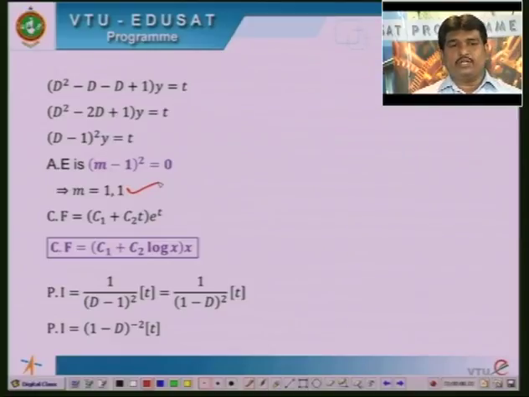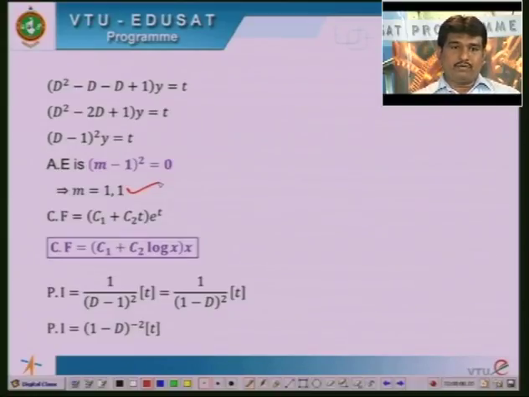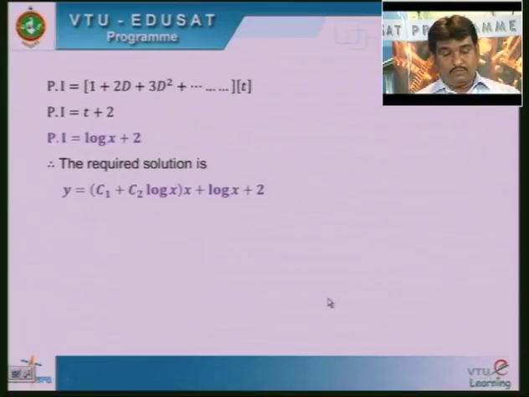PI is 1 over f of d into phi of t. Phi of t is t, f of d is d minus 1 whole square. Now d minus 1 whole square can be written as 1 minus d whole square. Take that to the numerator, it is 1 minus d whole to the power of minus 2 into t. You expand it using binomial expansion, because it is 1 minus d whole to the power of minus 2.